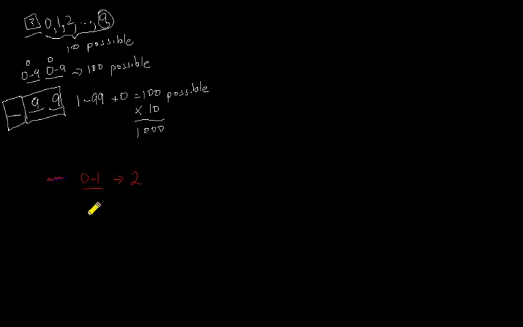If we have two positions, we could have 0 to 1 or 0 to 1, which will give us 0, 0, 0, 1, 1, 0, 1, 1. We're just trying to list every possible combination of the symbols that we could have for the given number of digits.